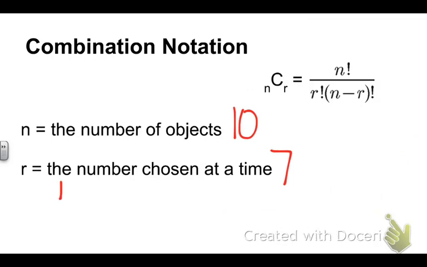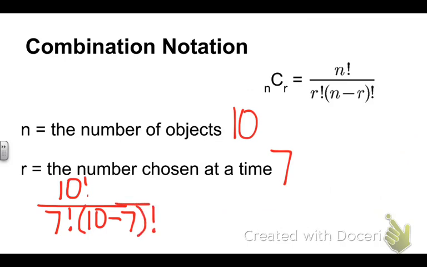So we would have 10 factorial all over 7 factorial times 10 minus 7 factorial. All right, I'm just going to break that down a tiny bit for you. Now here's the thing, you got to do the factorials before you do the 7 times 3.